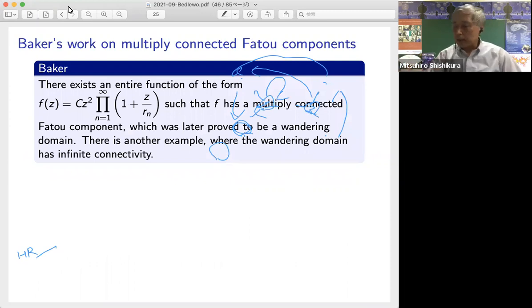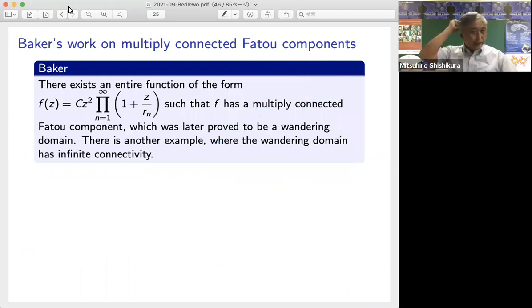So now let me go quickly to transcendental entire functions. There's pioneering work by Baker on multiply connected Fatou components. His first example was this type of infinite product. By adjusting the constant and the r_n, he was able to create a multiply connected Fatou component for this entire function.